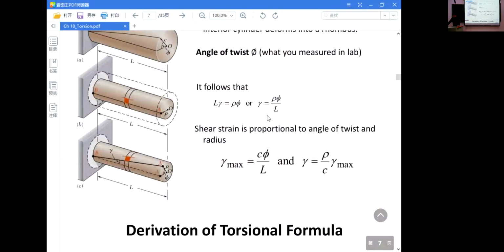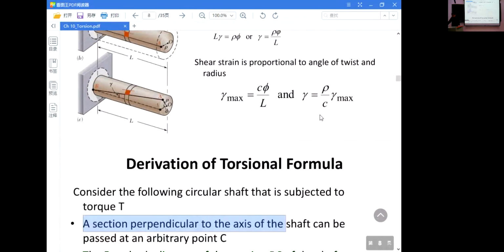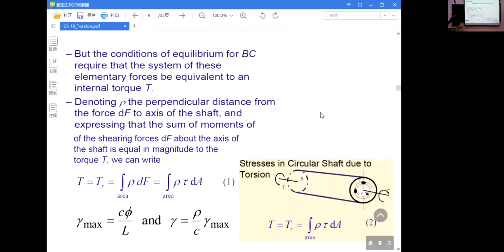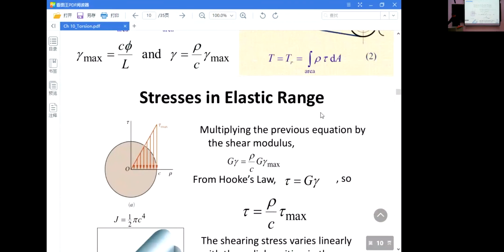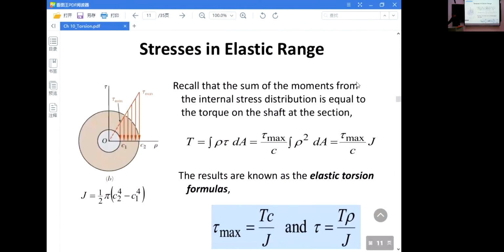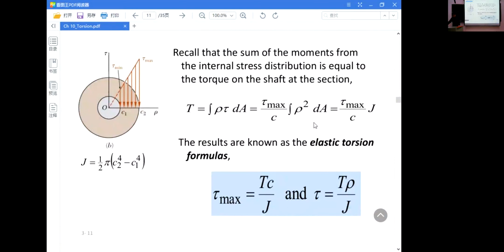Gamma rho equals rho phi over L. Yes, sir. T rho, y rho.